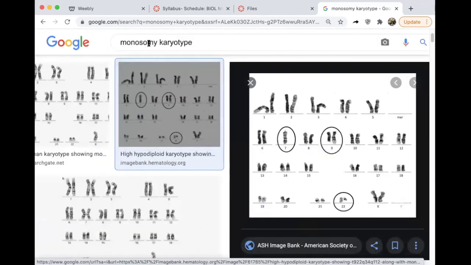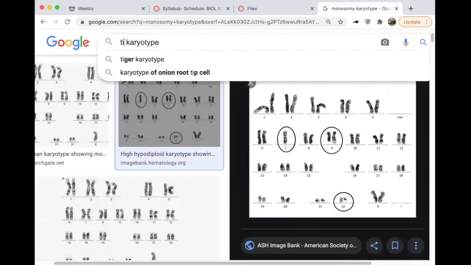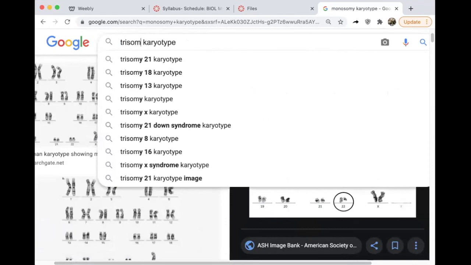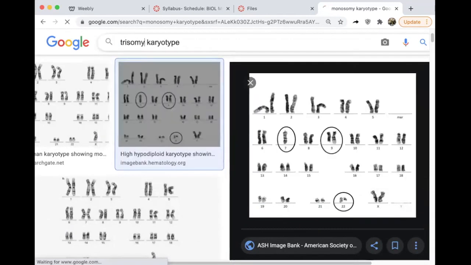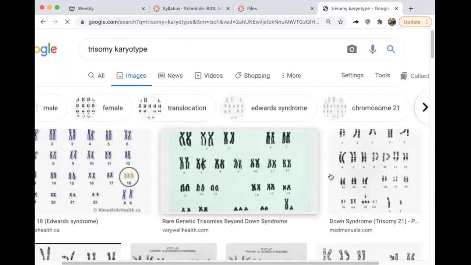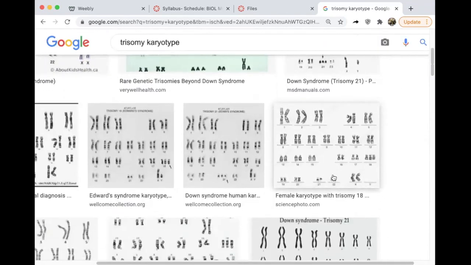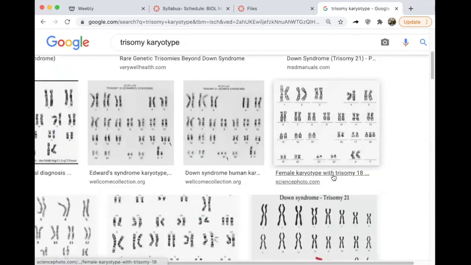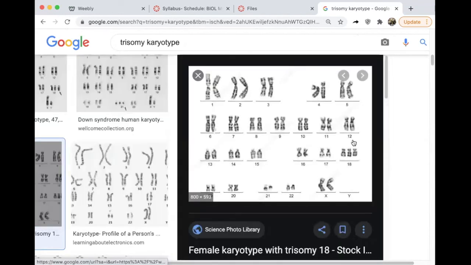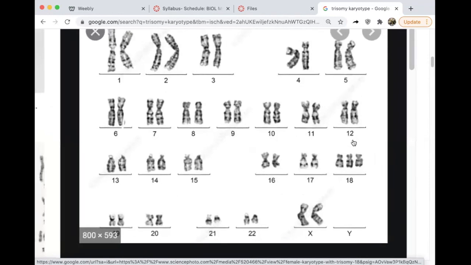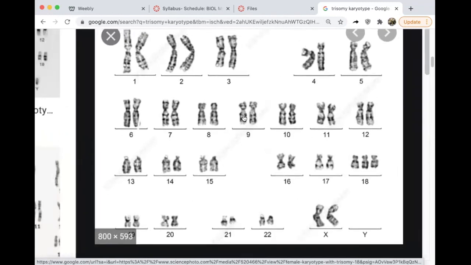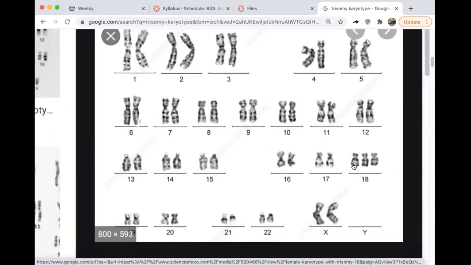Now here is an example of a trisomy. So if we look here, this is a trisomy of chromosome 18. So you see that there's 2 copies of each chromosome, but for chromosome 18, there's 3 copies.